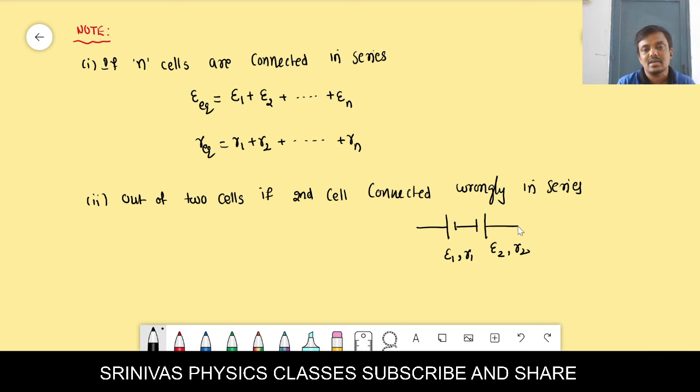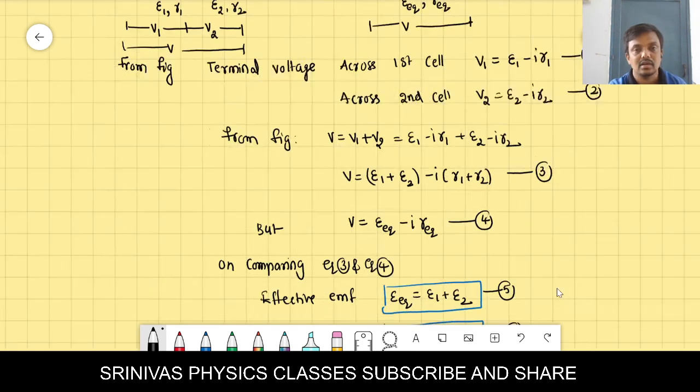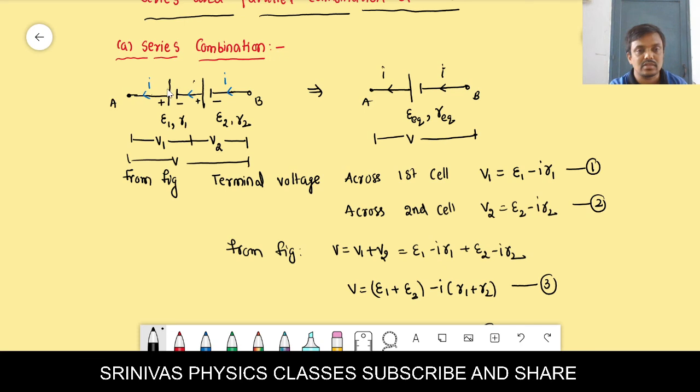These two cells are connected in series, yes or no? But wrongly connected, end to end connected but wrongly. The actual right connection in series is that the negative terminal of the first cell should be connected to the positive terminal of the next cell. You see here, the negative of the first cell should be connected to the positive of the second cell. That is the actual series combination.